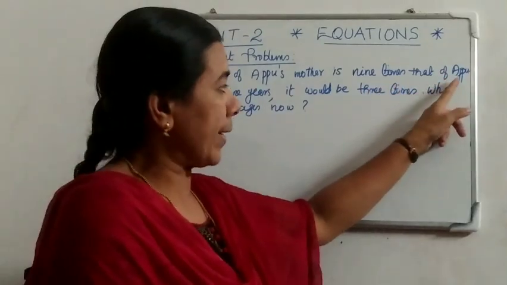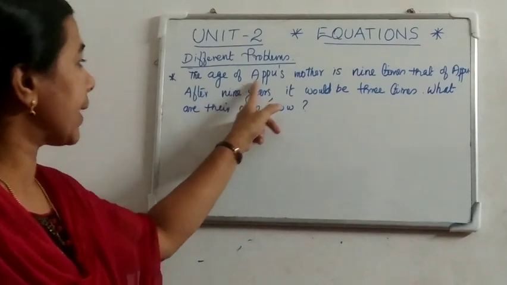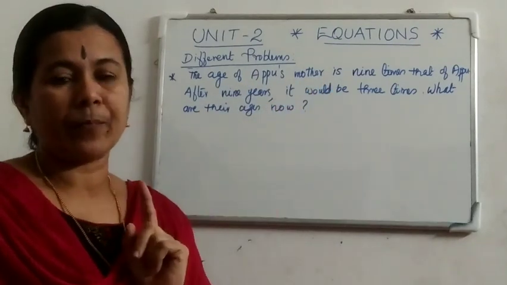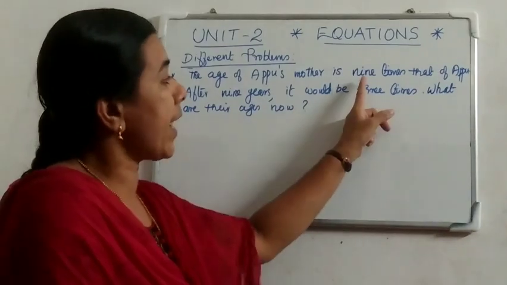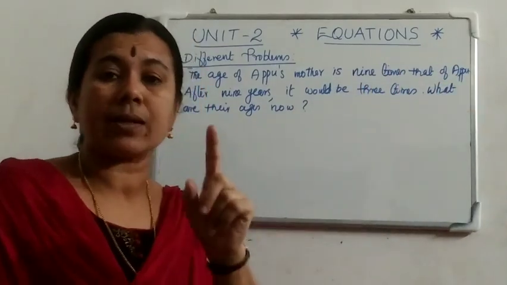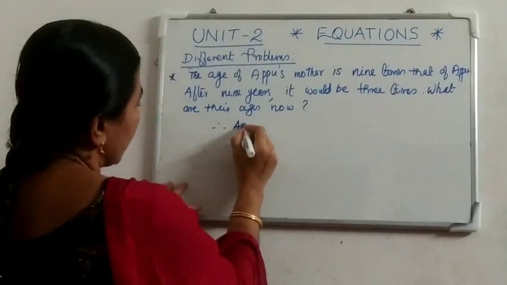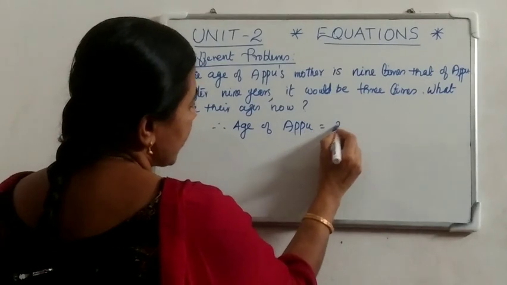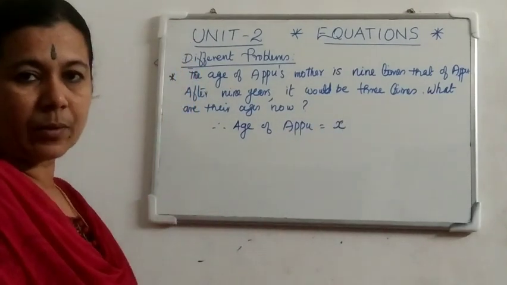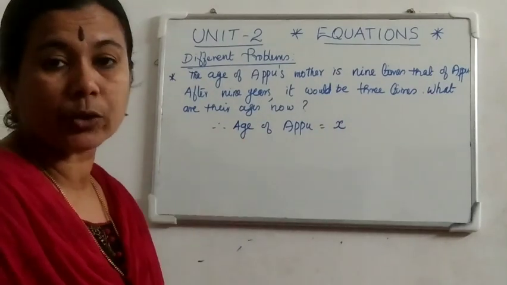Therefore, we take the age of Apu as x. Present age of Apu is equal to x.